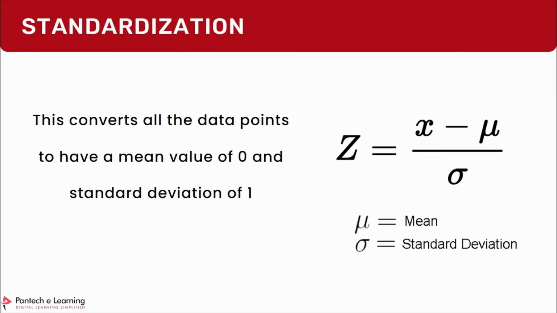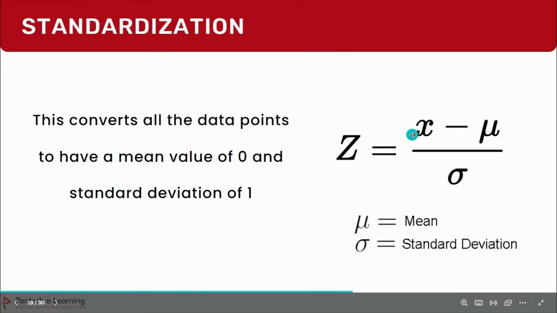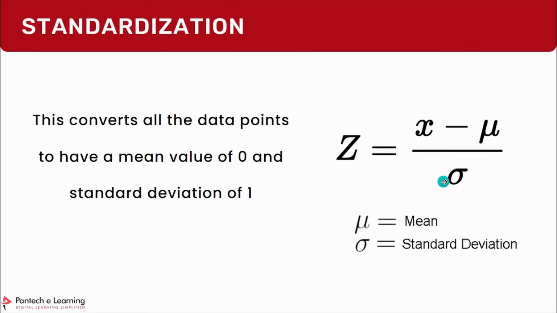It uses a formula: the new value is the old value minus the mean value of that particular column, divided by the standard deviation of that particular column. This will convert it to have a mean value of 0 and a standard deviation of 1.